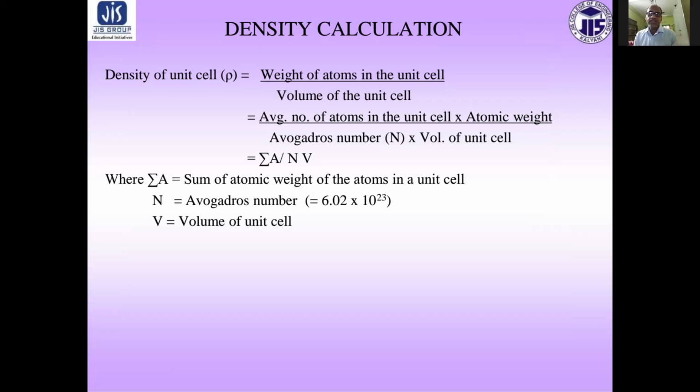So ultimately it is given by the summation of A divided by N into V, where the summation of A is the sum of atomic weights of atoms in a unit cell, the Avogadro number is 6.02 into 10 to the power 23, and V is the volume of the unit cell.